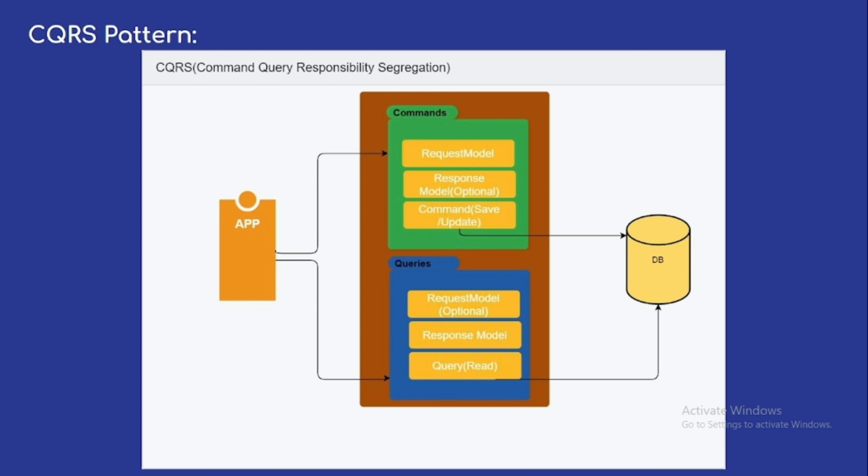We can use them directly instead of creating a separate class. That is why they are optional here. I think you got some basic idea of what the CQRS pattern is: it separates operations into two types, commands and queries.